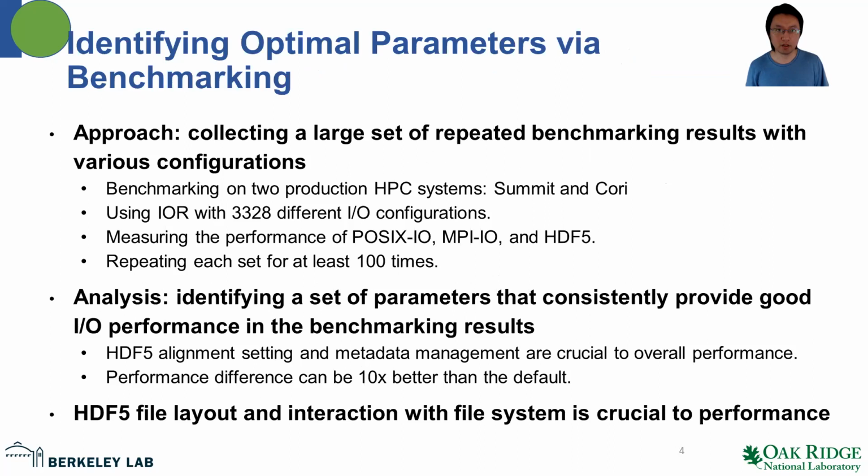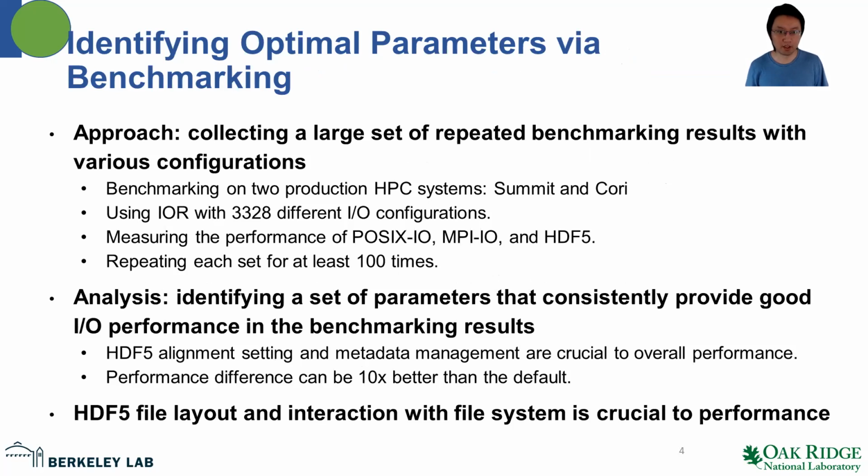So in this work, we propose to identify an optimal set of parameters through a benchmarking method. Our approach includes collecting a large set of repeated benchmarking results with various configurations. We have done the benchmarking on two production supercomputers, Summit and Cori.